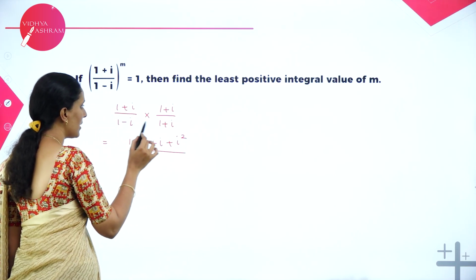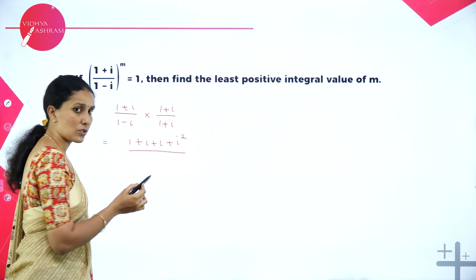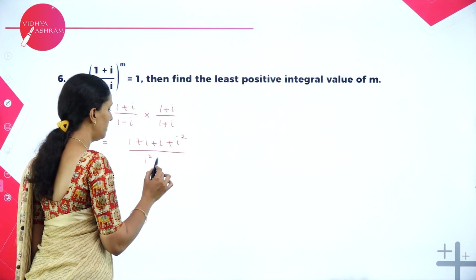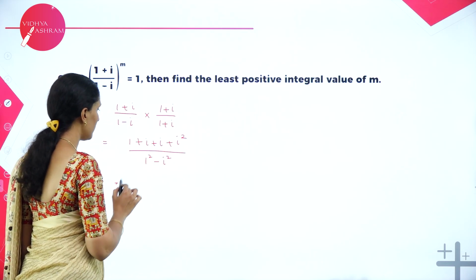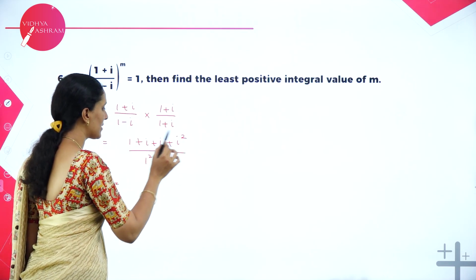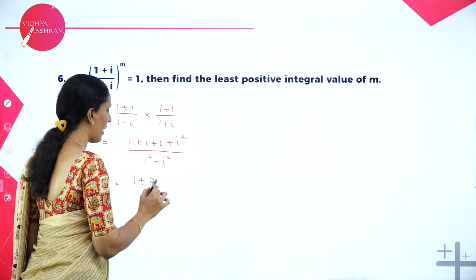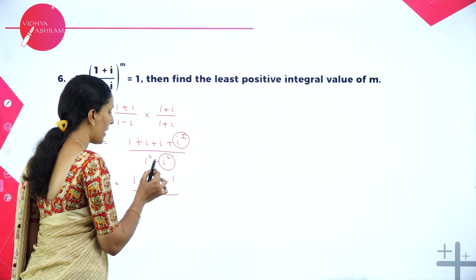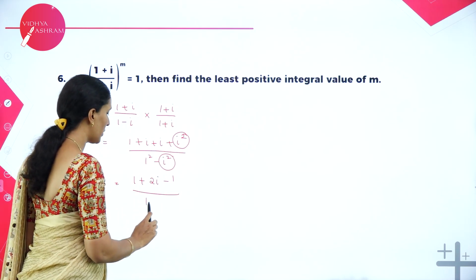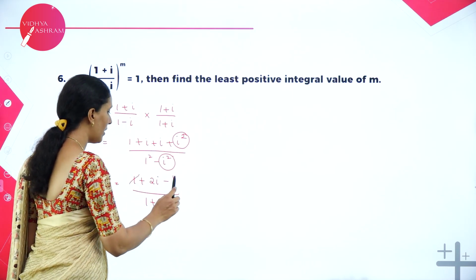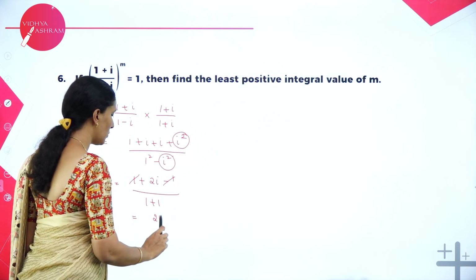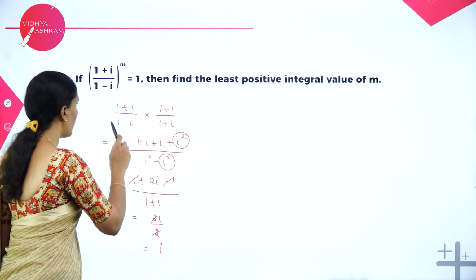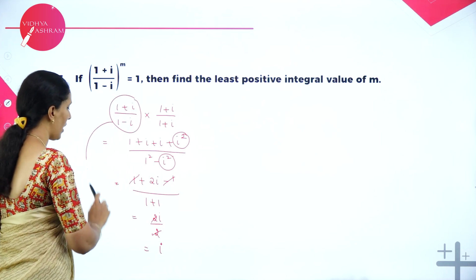In the denominator it is a minus b, a plus b, which is a square minus b square, so here it is 1 square minus i square. 1 plus i square is minus 1, so here you have 2i minus 1, hmm, that is 1 plus 2i plus i square, and i square is minus 1. Here also i square is minus 1, minus 1 into minus is plus, so here you will get 1 plus 1. 1 and minus 1 get cancelled. You will get 2i by 2. So 2 cancels, and you will get i. So instead of this, we can write i.